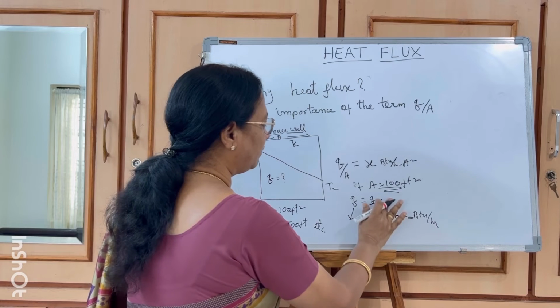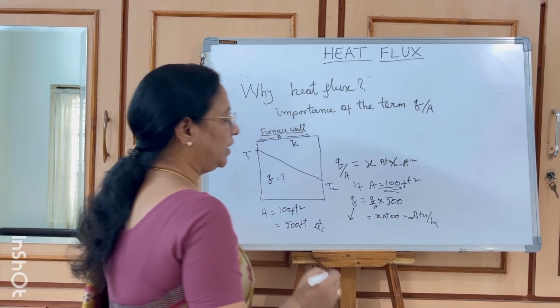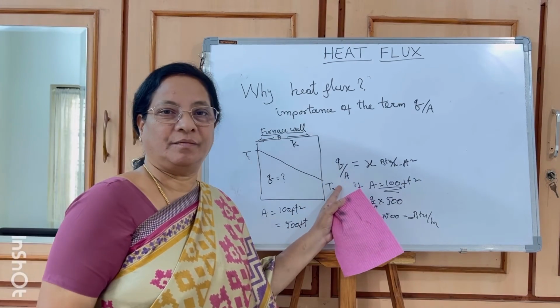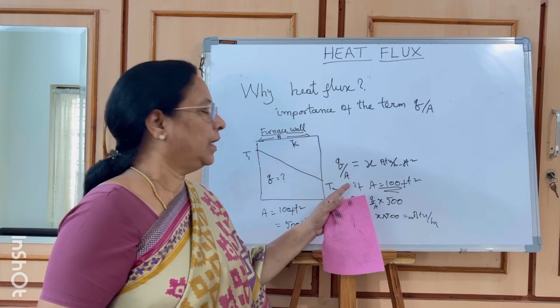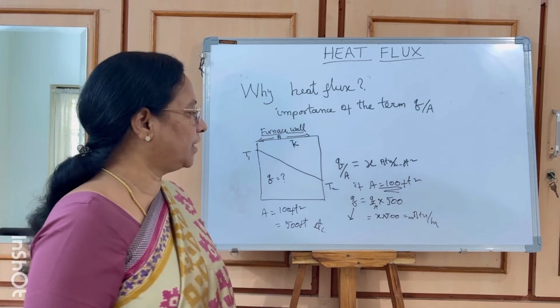If the area is 500, we write 500. So it is convenient to represent the final result after solving the problem as Q by A. That is the importance of this term.